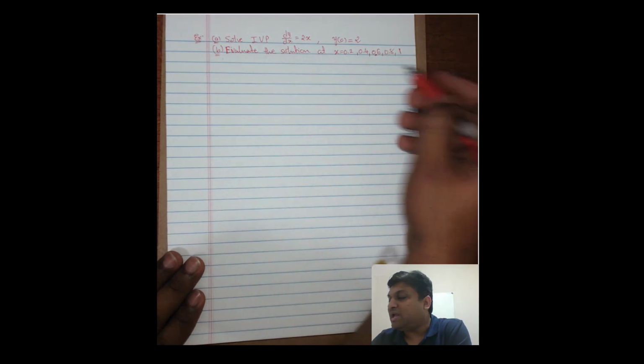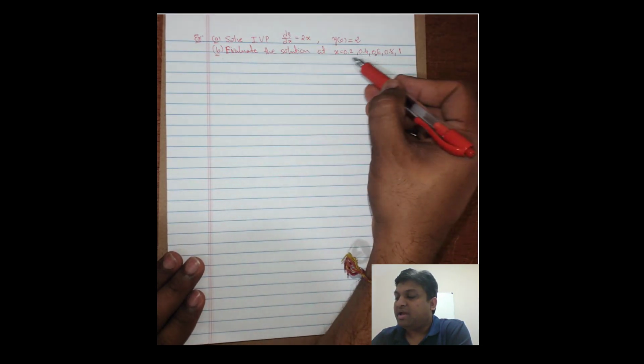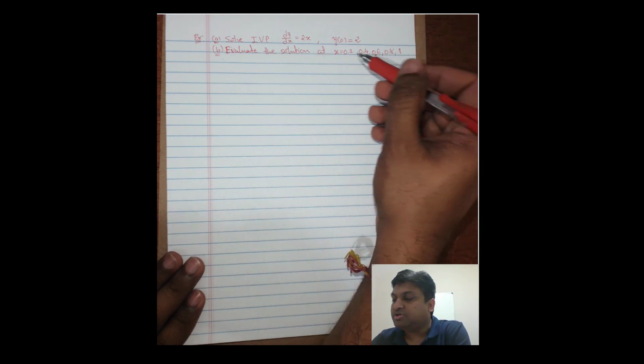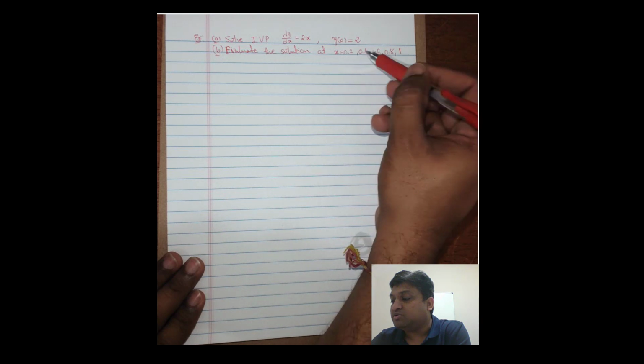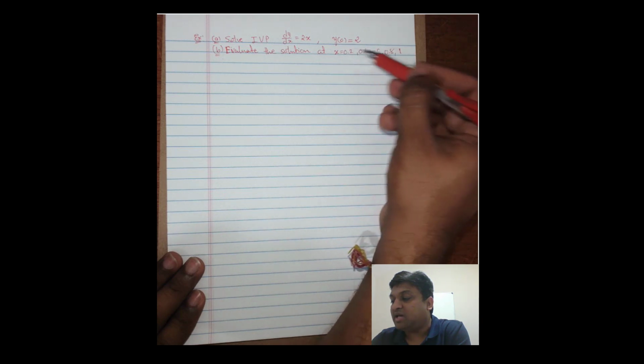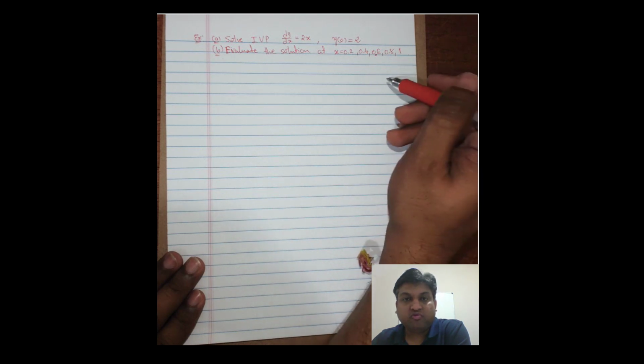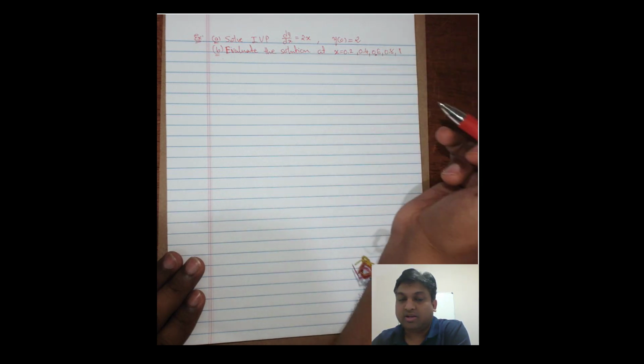So I want you to evaluate your solution at these 5 different inputs. If we know the solution, in order to evaluate it at those points, just replace x by those values and we will get a numerical value for our solution at those particular inputs.